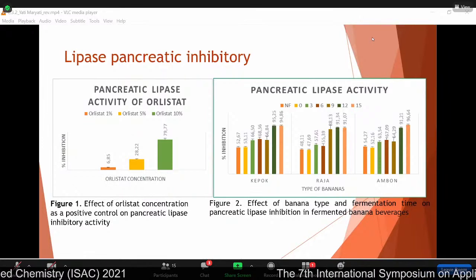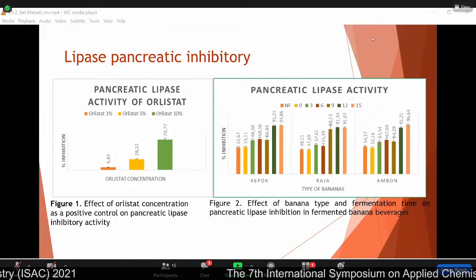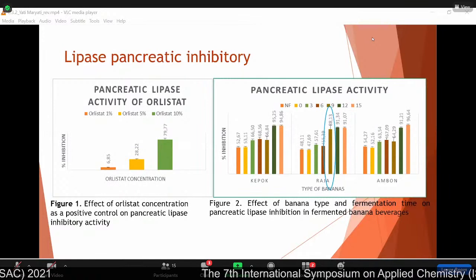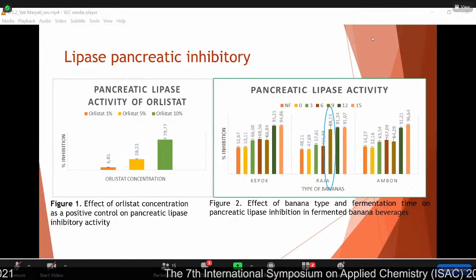The data show that lipase inhibitory activity tends to increase during fermentation time. During the 9 days of fermentation, Raja banana had a higher lipase inhibitory effect than the Kepok banana and Ambon banana.